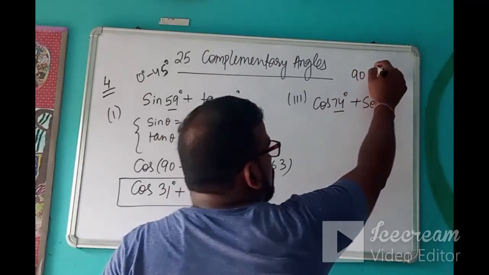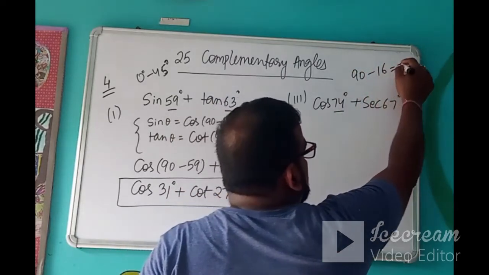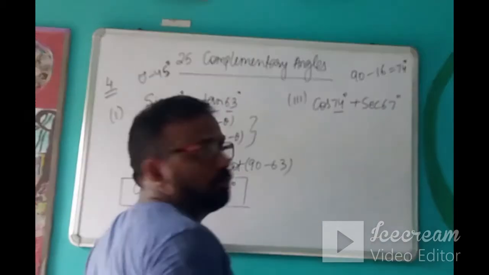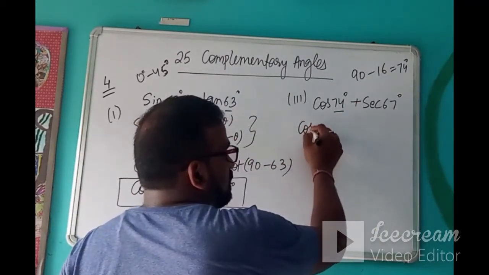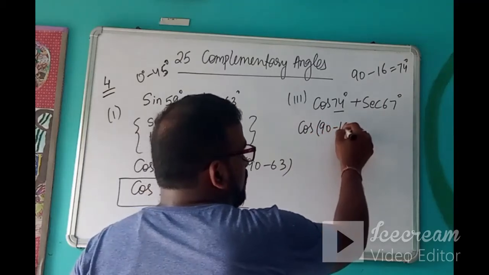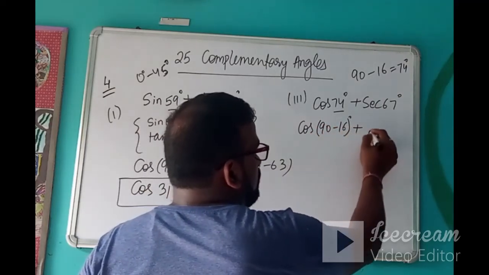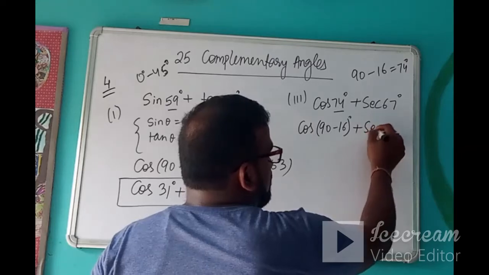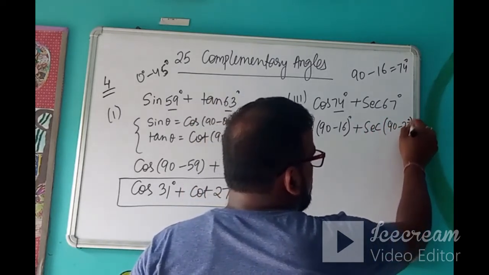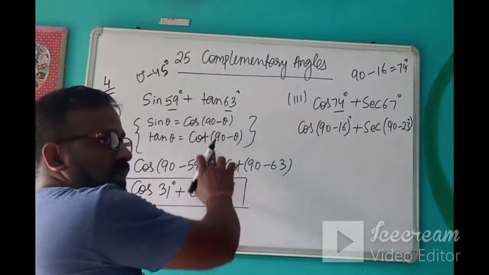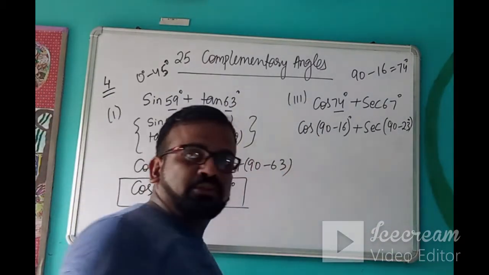So what we know, 90 minus 16 is 74. So I will replace this 74 by 90 minus 16, like this, cos 90 minus 16 degree, and 67 will be replaced by 90 minus 23 degree. Okay, so this is one method. This is another method to solve the question.